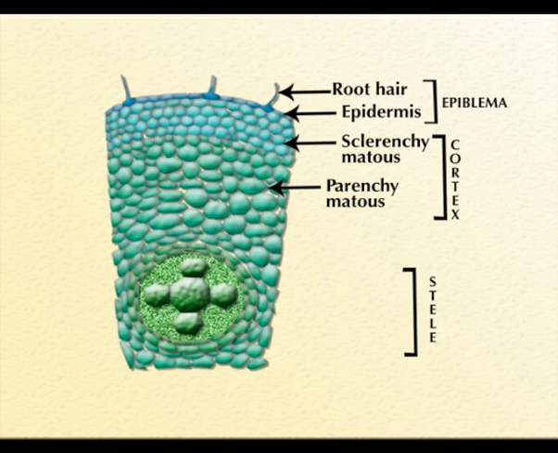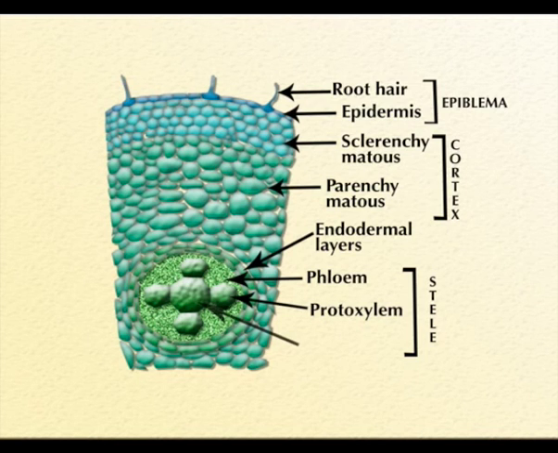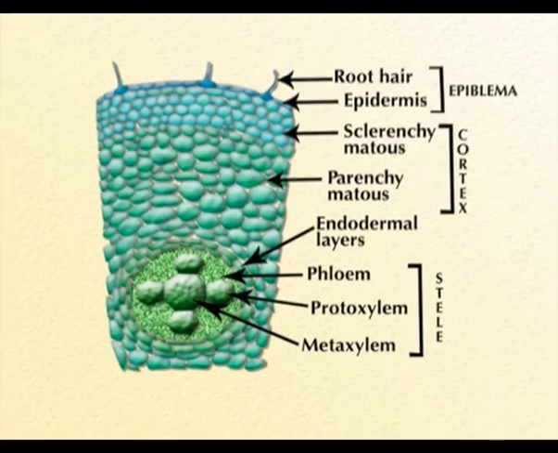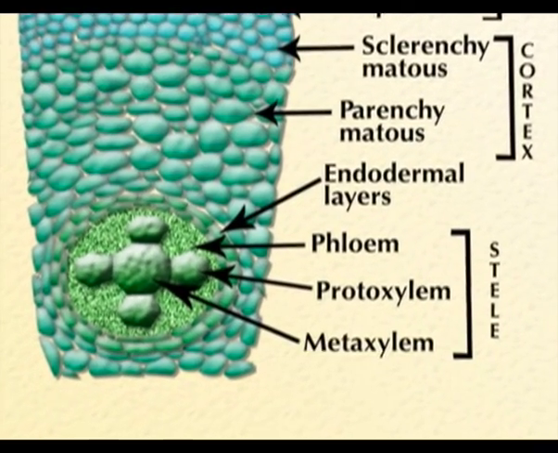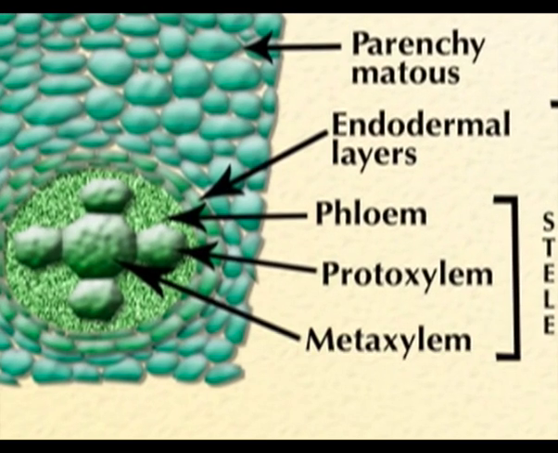A characteristic feature of the root of Equisetum is the presence of a two-layered endodermis. The cells of the outer endodermal layer are larger and have Casparian bands or strips, but those of the inner endodermis are smaller and without Casparian strips.